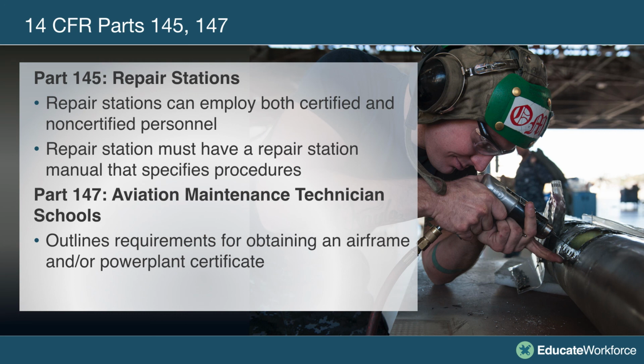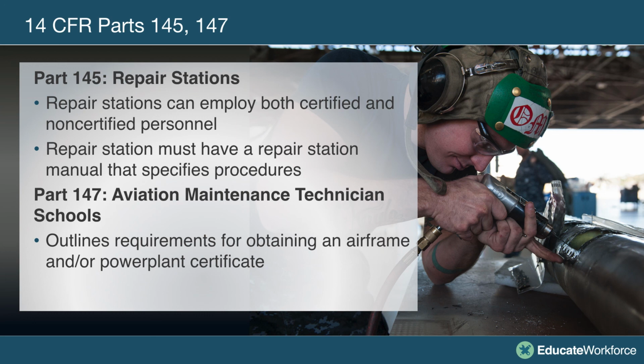Must also include procedures for working on air carrier aircraft, description of work required records and record keeping, procedures for revising the repair station manual, and a description for the systems to identify and control sections of the manual. All records from the repair station activity must be kept a minimum of 2 years.